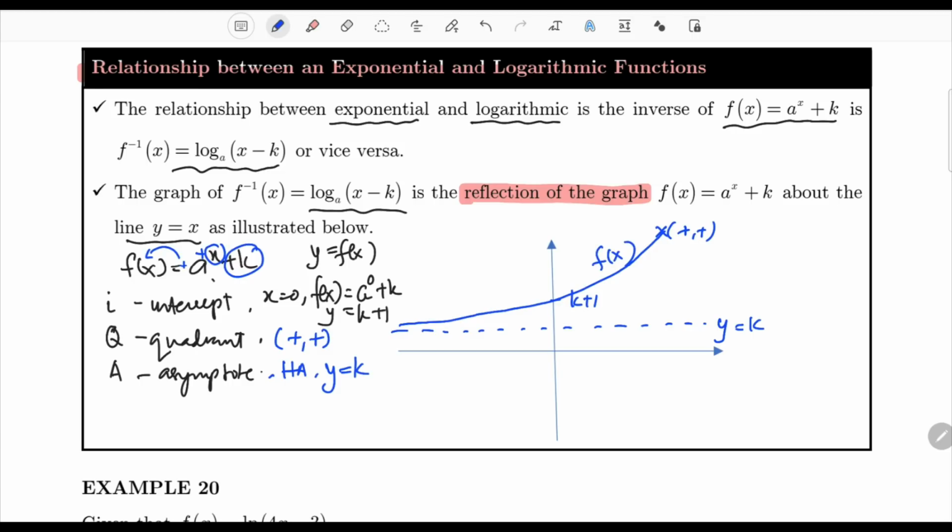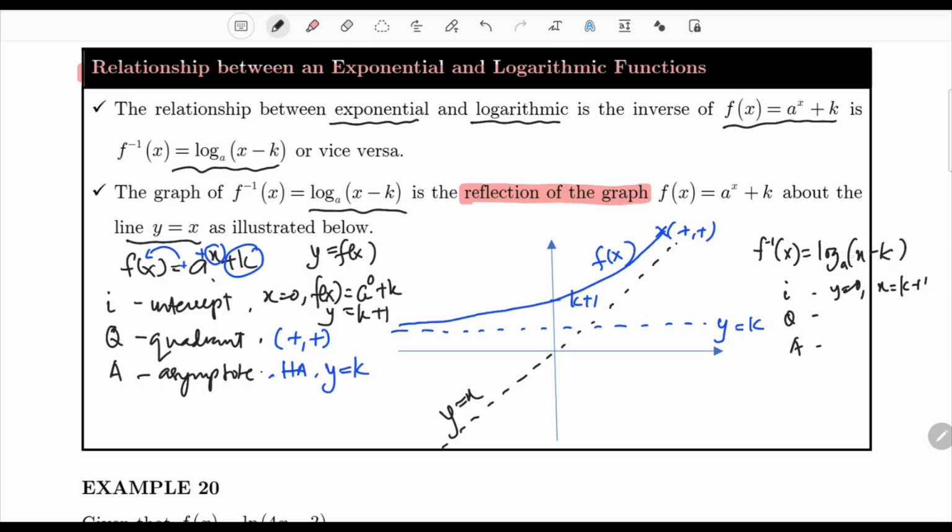Similarly, if you were to sketch the graph of your f inverse, first you need to sketch the line y equal to x. The f inverse of x will be log of (x minus k) base a. Again, I, Q, A. I for the intercept: if y equal to 0, we get x equal to k plus 1.